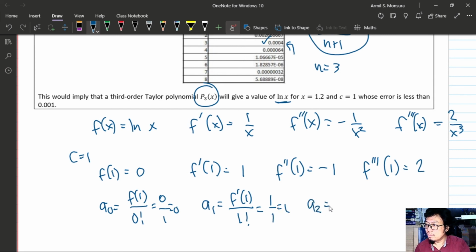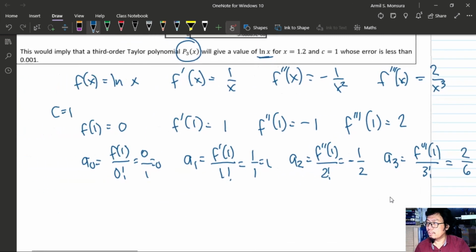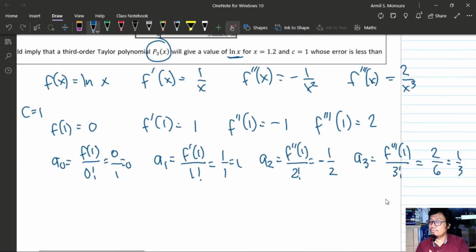Your a2 is f double prime of 1 over 2 factorial, which is negative 1 over 2. And your a3 is f triple prime of 1 over 3 factorial, which is 2 over 6 or 1/3. So those are your Taylor polynomial coefficients.